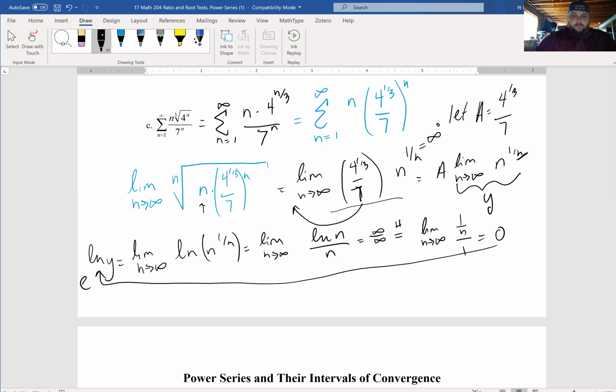Taking e of both of them, I get that y is equal to 1. So now it looks like what's left over is a times 1, right?